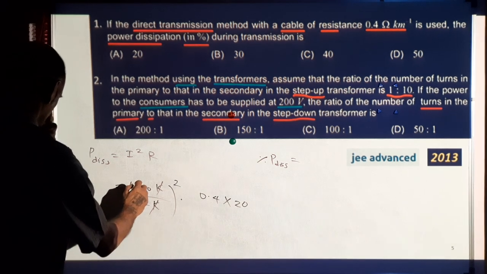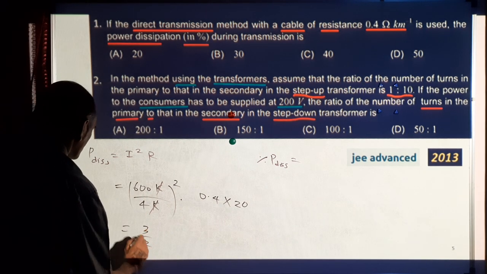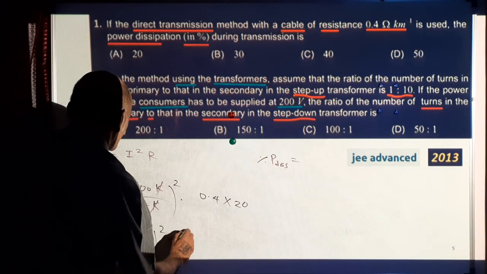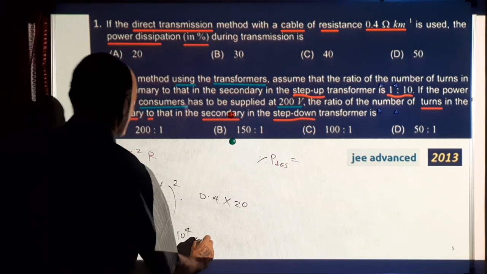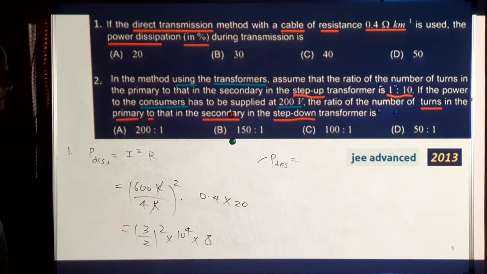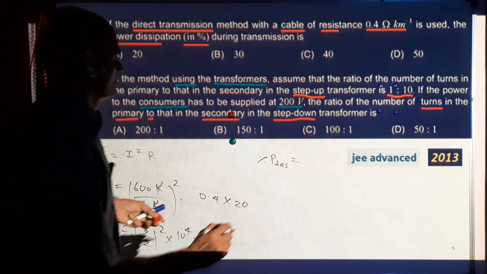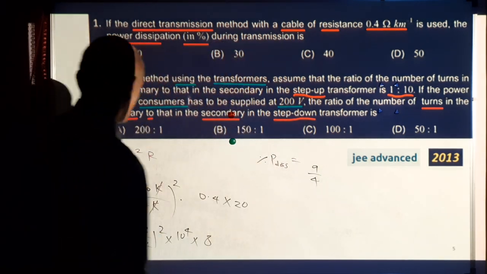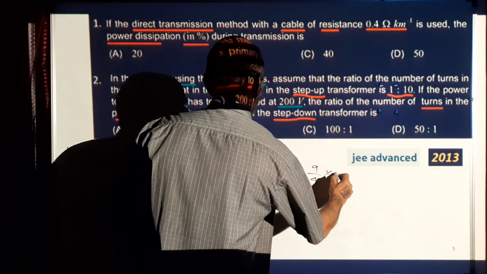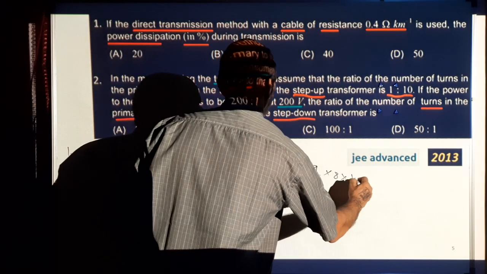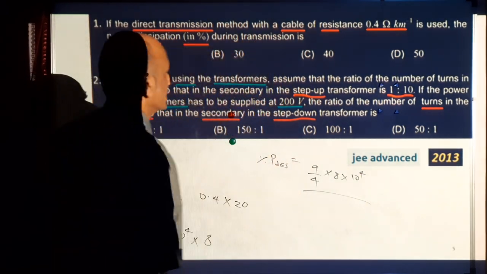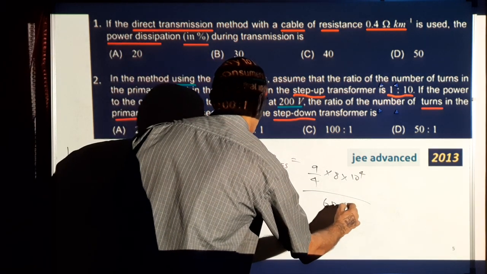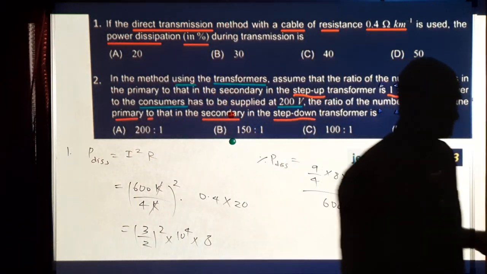Okay, I can simplify this also. So it is 3 by 2 squared into 10 raised to 4 into 8. This will become 4 into 2, which is 8. So 9 by 4 into 8 by the input power, 600 kilowatt.